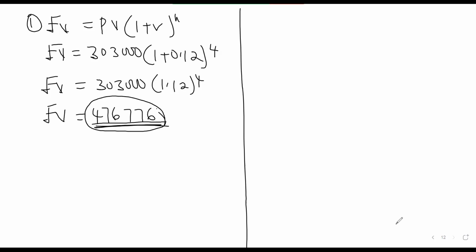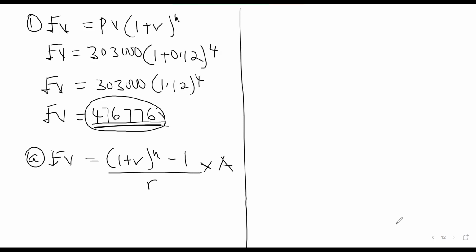So we use the future value of an ordinary annuity, which is equal to ((1 plus r) exponent n minus 1), all divided by r, times the amount. But now we don't know the amount.